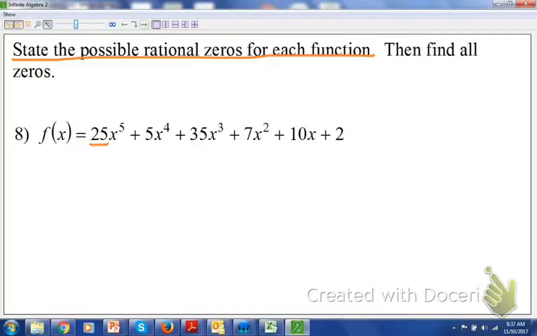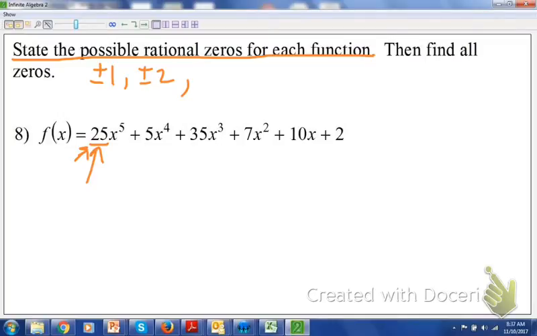So these factors are going to be the denominator of my rational roots, if we have any rational roots. Okay. What are the possibilities here? Possible rational roots. Plus or minus 1, plus or minus 2. Then these two factors over the factors of 25.